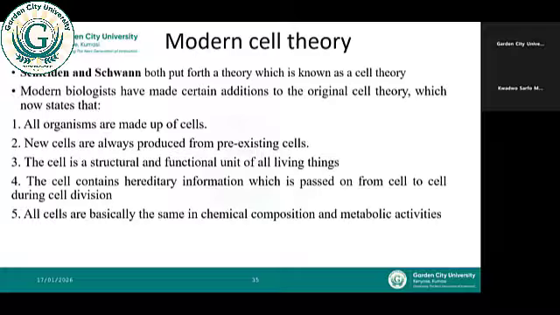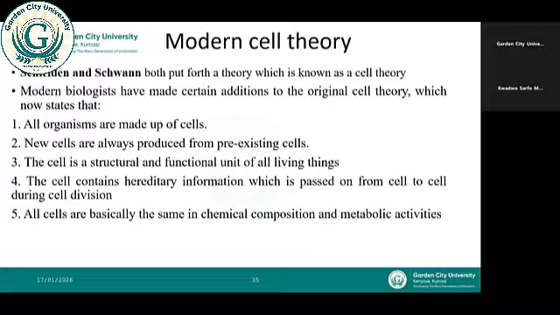When you see an organism, it must be composed of cells or a cell. New cells are always produced from pre-existing cells. So the pre-existing cells will reproduce or undergo multiplication to produce the new cells, the next generation, or the daughter cells. And the cell is the structural and functional unit of all living things.